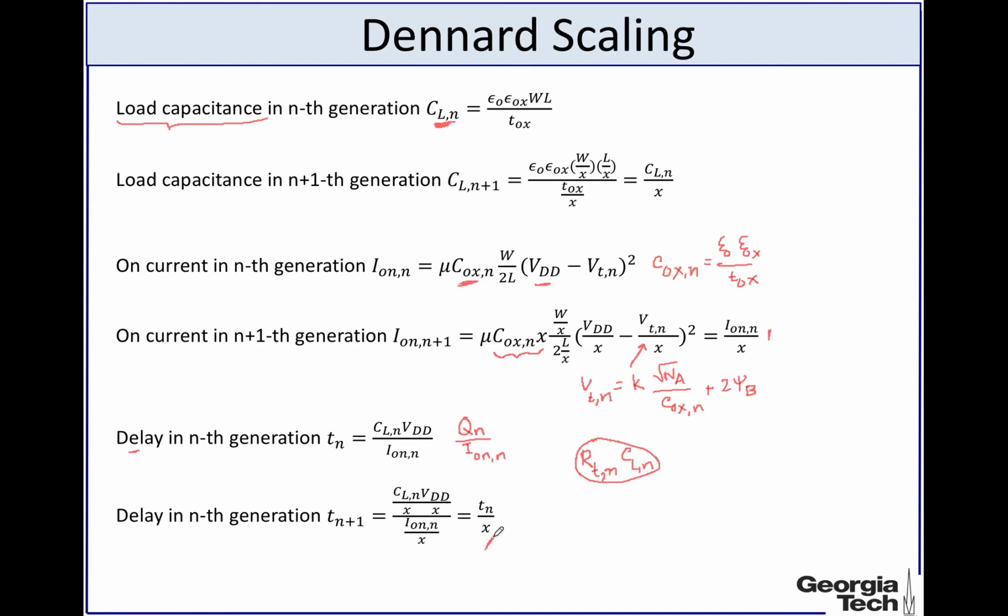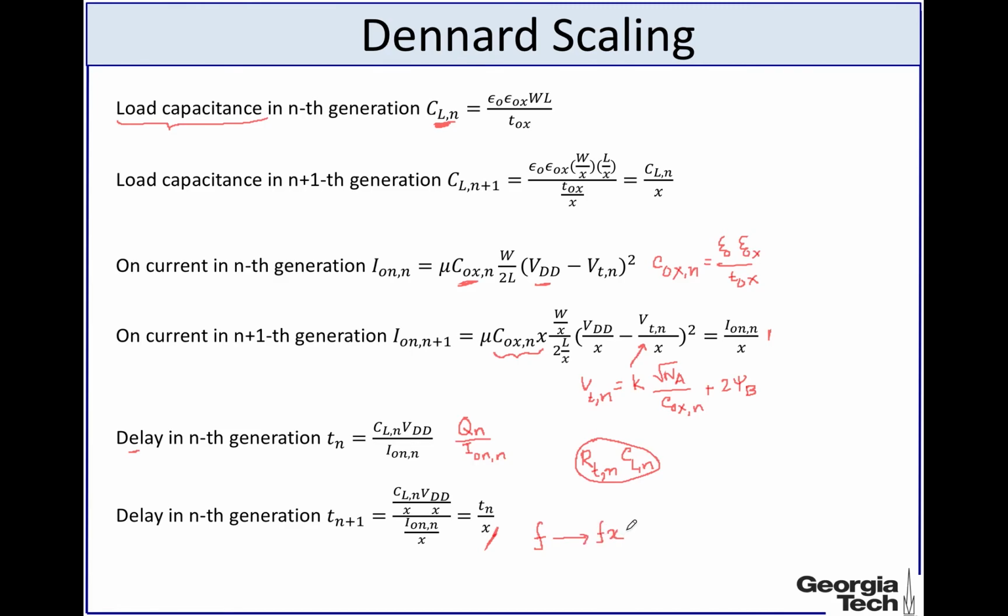Now this delay getting reduced by a factor of x is a very important thing to note. This essentially means that just by reducing W, L, Tox and VDD by a factor of x, and increasing the doping by a factor of x, the delay gets reduced by a factor of x, which essentially means that you can now increase the clock frequency by a factor of x.